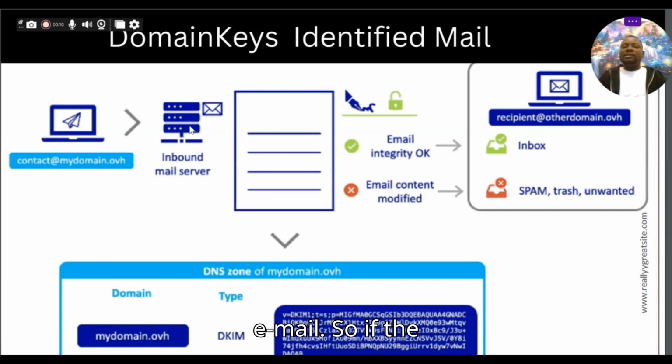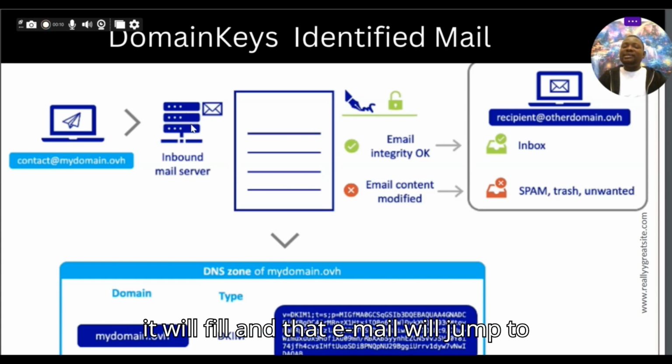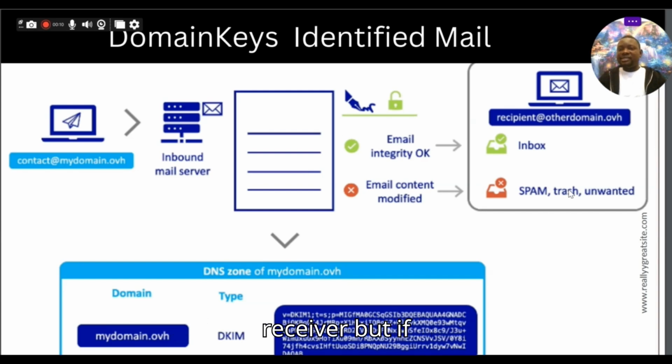So if the inbound mail server checks the digital signature from the mail server that this email is coming from and it does not match, then it will fail, and that email will jump to either the spam or trash of the receiver.